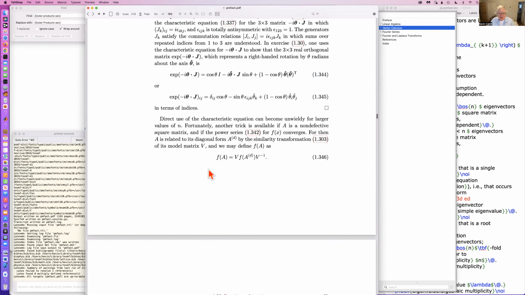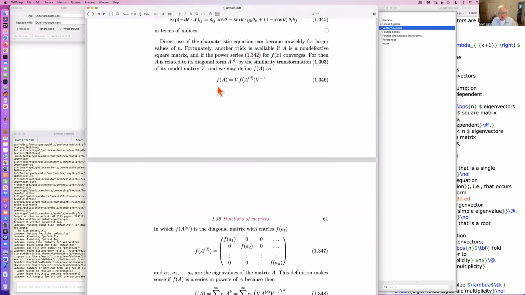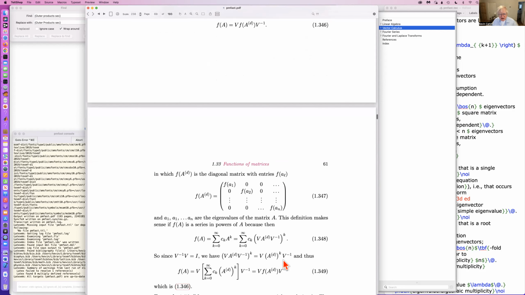Anyhow, in order to see how this works, I think it's worth seeing how this works. So just suppose that A is one of these nice matrices that's non-defective and square, so you can diagonalize it. And so you can write f of A as V, f of its diagonal form, V inverse, and f of its diagonal form is just the diagonal form of f of each of the eigenvalues.